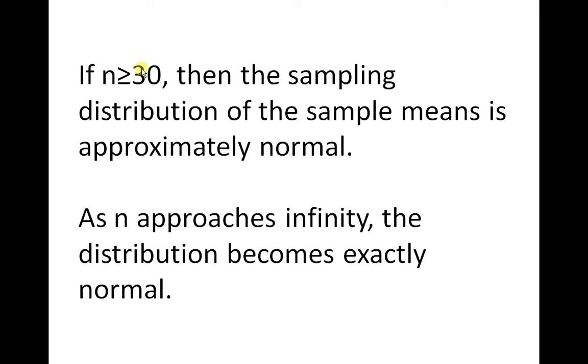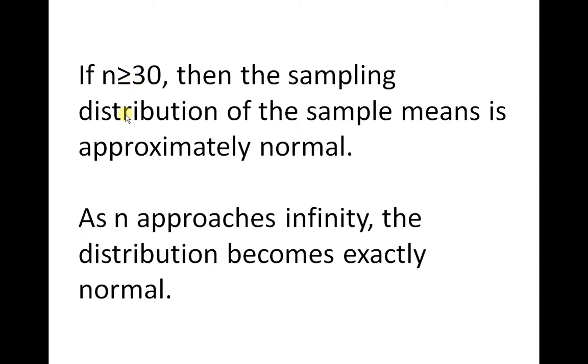Well, we already saw it. n equals 25, it was pretty normally distributed, even before that, really. But a fairly conservative value is n equals 30 or above. So we say if n is greater than or equal to 30, then the sampling distribution of the sample means is approximately normal. If you look in another book or another class, they might say 25, they might say 40.